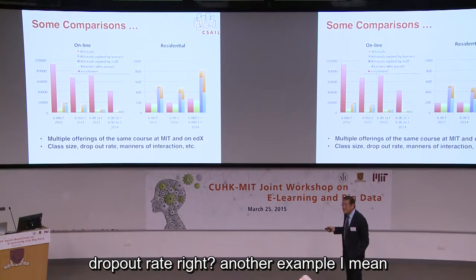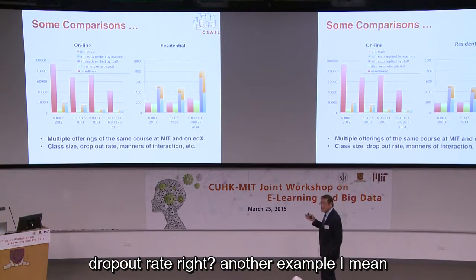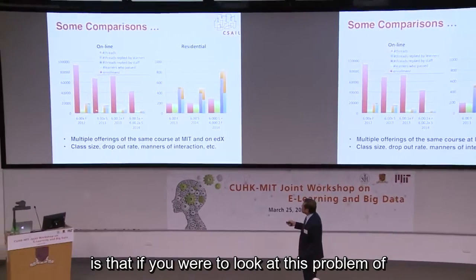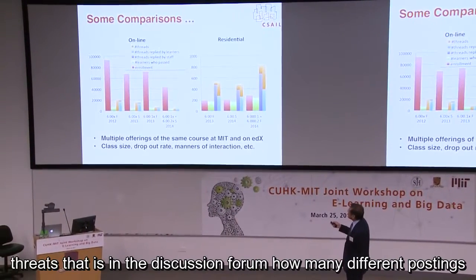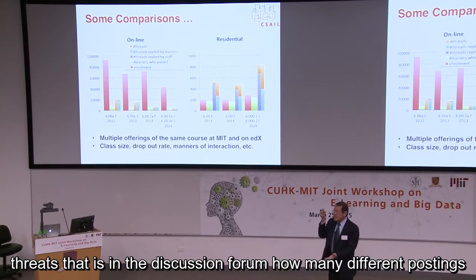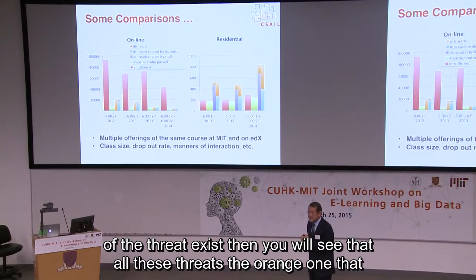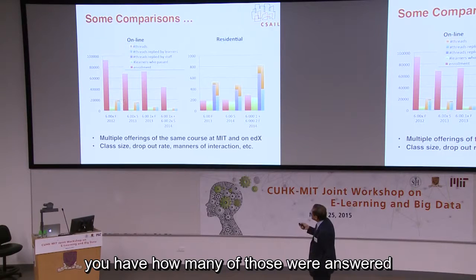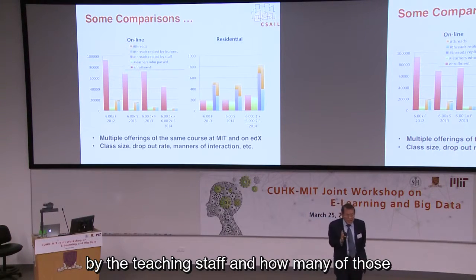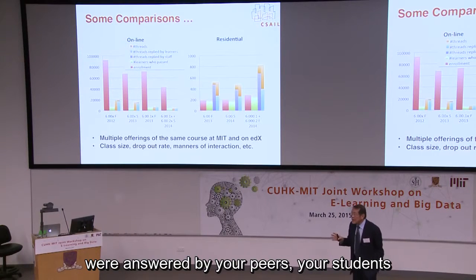Another example, I'm just trying to make a few points here, is that if you were to look at this problem of threads in the discussion forum, how many different postings of the thread exist? Then you will see that of these threads, the orange one, how many of those were answered by the teaching staff, and how many of those were answered by your peers, your students, okay?